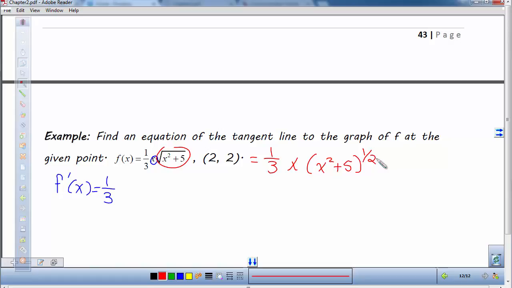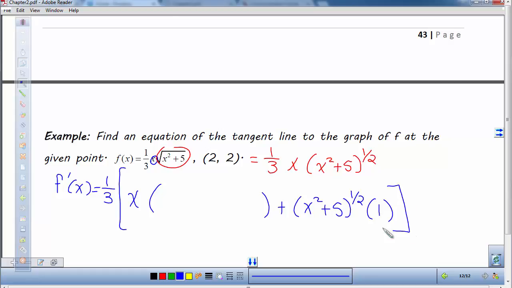So we got 1/3, and my first is going to be x times the derivative of the second. I'm going to deal with that in a minute. Plus the second times the derivative of the first, which is just what? 1. Very good.